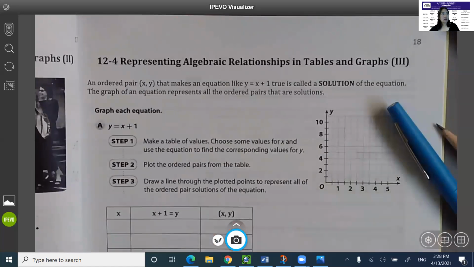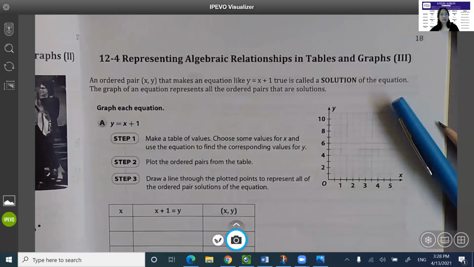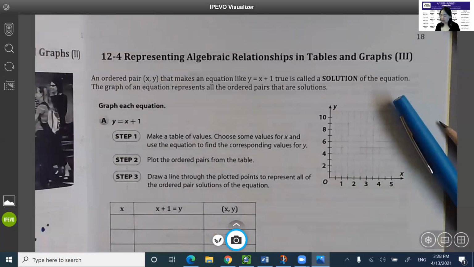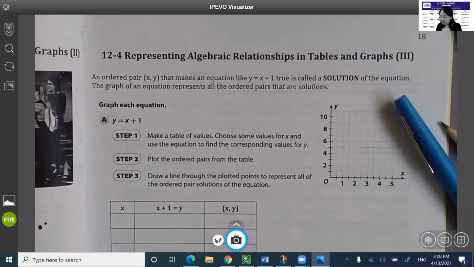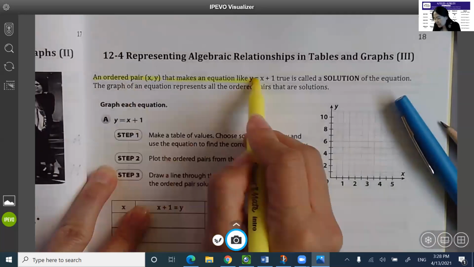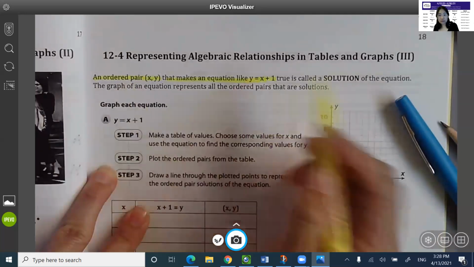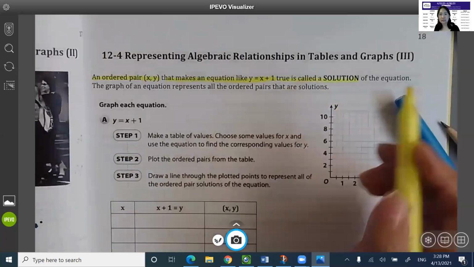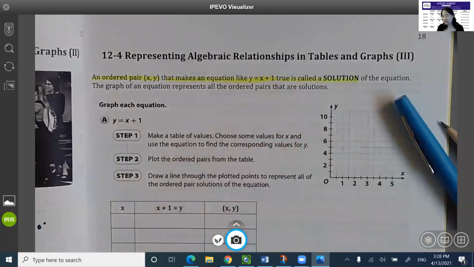All right, so represent an ordered pair. We know that an ordered pair, x comma y, that makes an equation such as y equals x plus 1 true is called a solution of an equation. So what they're saying is this, a point.